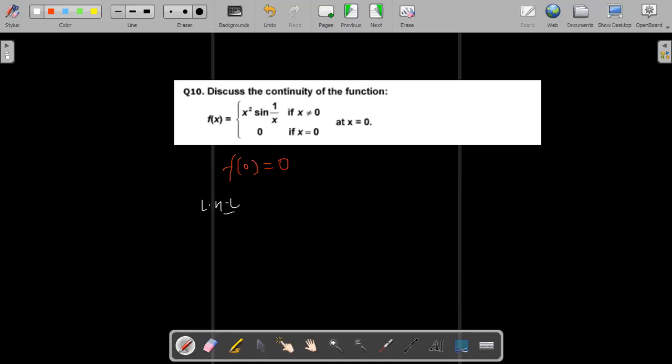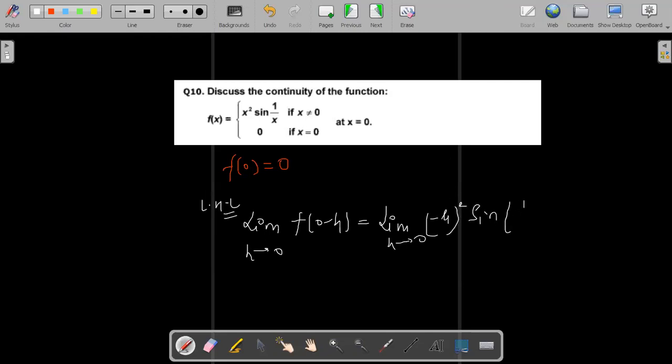For the LHL part, this is limit h tends to 0 of f(0 minus h). 0 minus h means minus h whole square times sine 1 upon minus h.